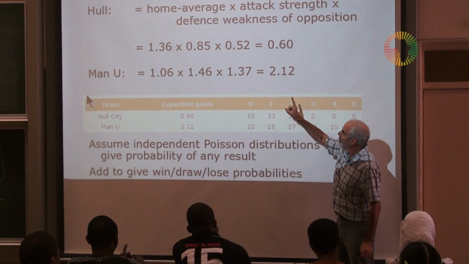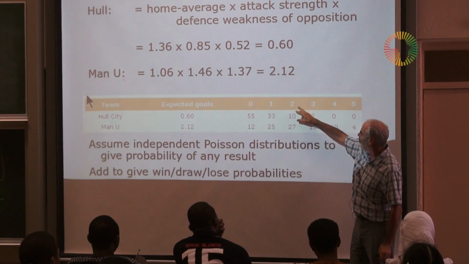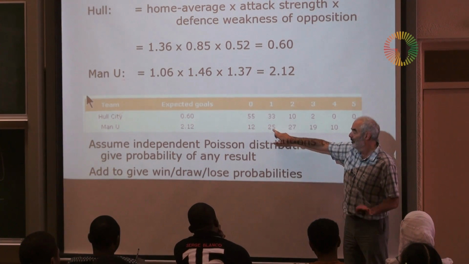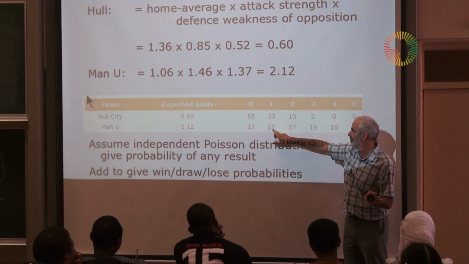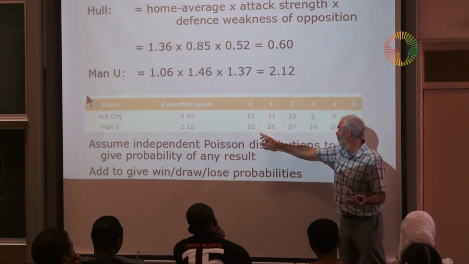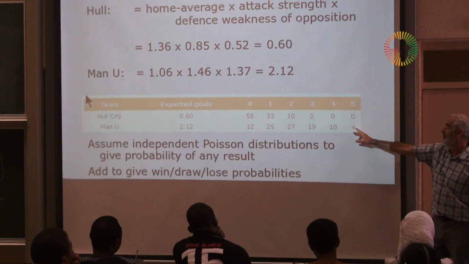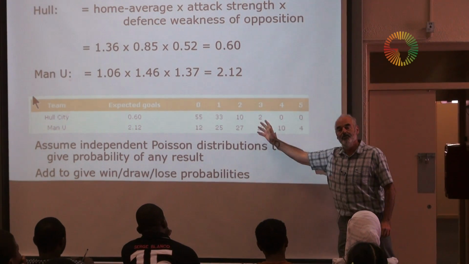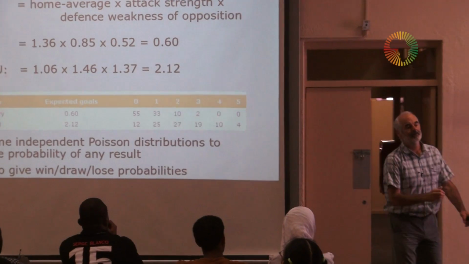Manchester United, they expect to score 2.12 goals, so the most likely score is 2 goals, 27%. But it's almost the same, only 25% chance of 1 goal, 12% chance they won't score at all, and we're up to a 4% chance they might score 5 goals. Now these distributions actually fit the data very well indeed.